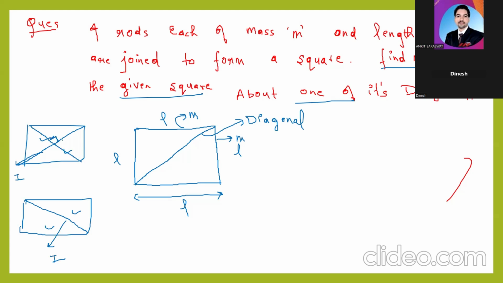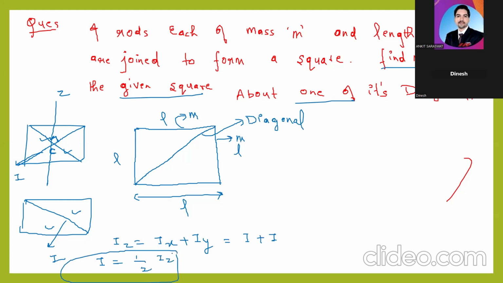Now calculate the moment of inertia of all the rods about the center passing through Z. Apply Iz equals Ix plus Iy. Ix is I, one of the diagonals, again I, so it will be half of Iz. How to calculate Iz? This is your task. Center of mass will be at the geometrical center.